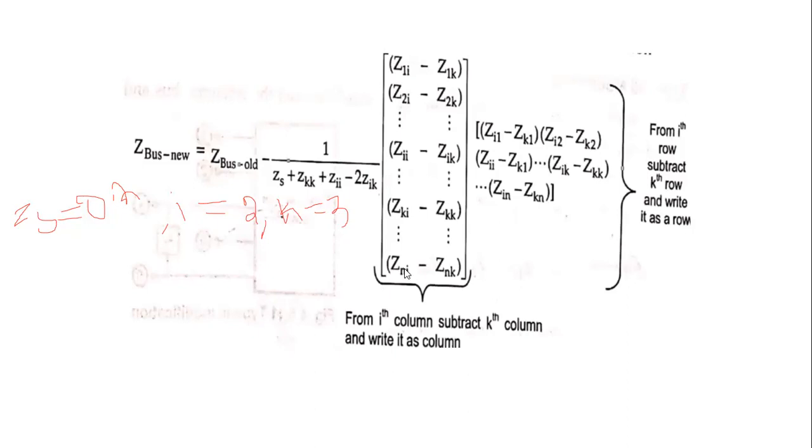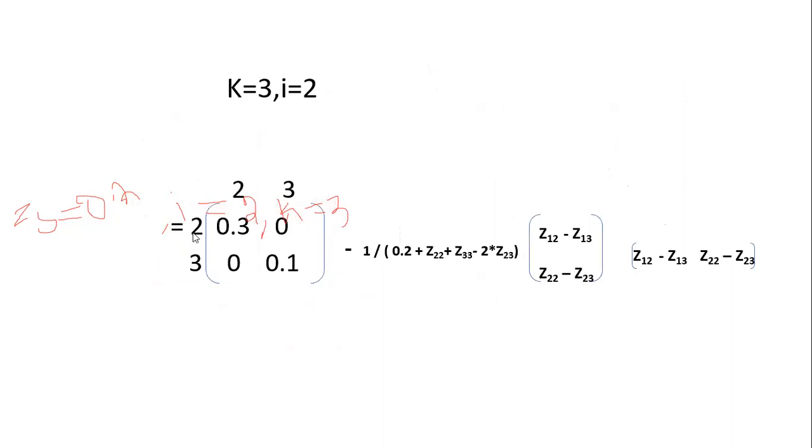Z22 minus Z23. Similarly we can substitute all the formulas, and then we obtain the Z bus matrix. This is the Z bus old matrix.